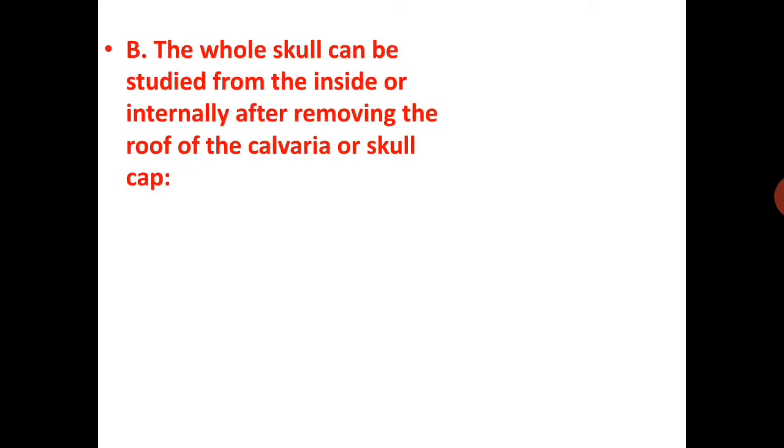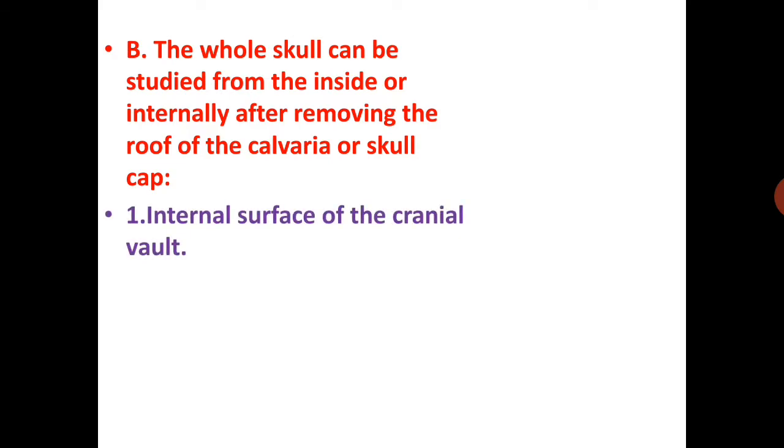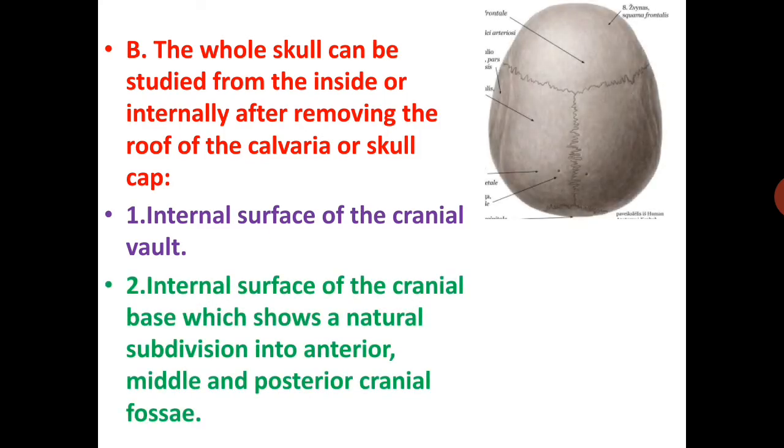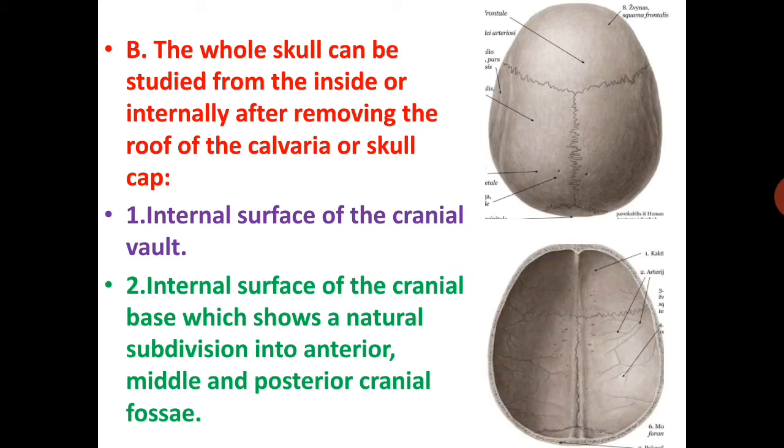The second aspect: the whole skull can be studied from inside, or internally, after removing the roof of the skull, that is the calvaria or skull cap. This internal surface is read in two aspects. One is the internal surface of the cranial vault and second is the internal surface of the cranial base, which has the divisions of the anterior, middle and posterior cranial fossas.